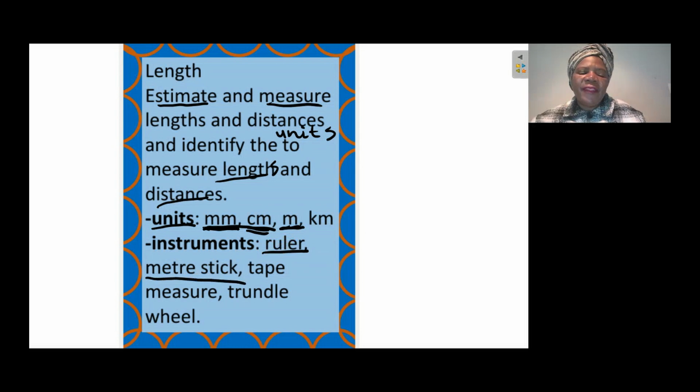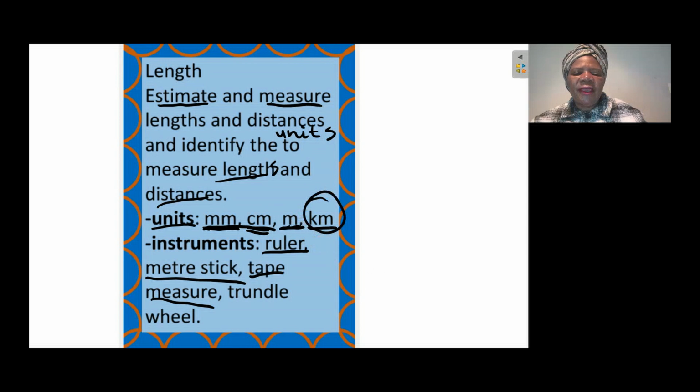Then some other things like the length of a curtain or a piece of cloth will be better measured using a tape measure. Then we have very long distances where we need to use the kilometers.